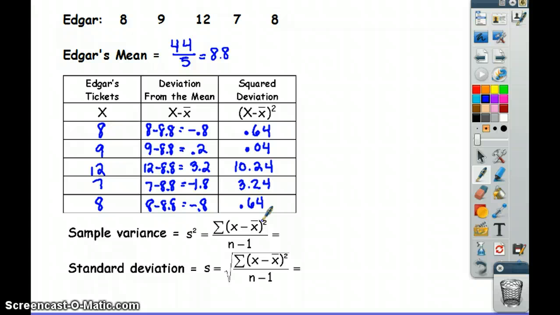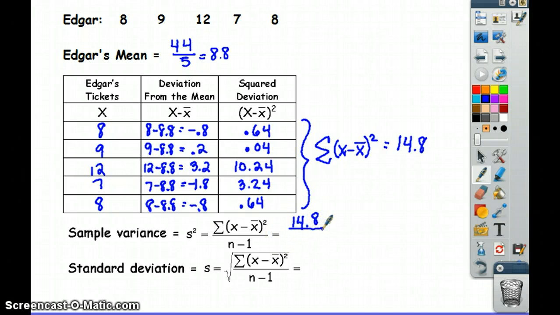Now, my sample variance formula calls for the sum of these numbers. So I'm going to take all 5 of these numbers and I'm going to add them up. When I add them up, I end up with 14.8. That's going to be the numerator for my sample variance.